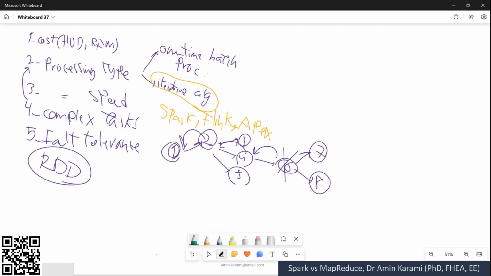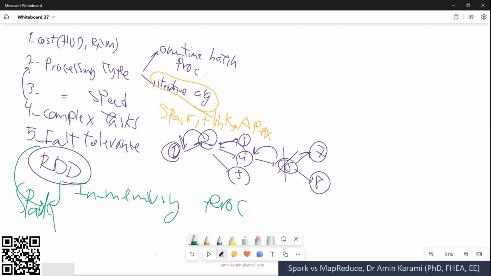All right, so as we discussed, for fault tolerance purposes, Spark, as we said, has no built-in mechanism as compared to MapReduce. But Spark does fault tolerance in memory, right? In-memory processing. All right, this is one advantage.